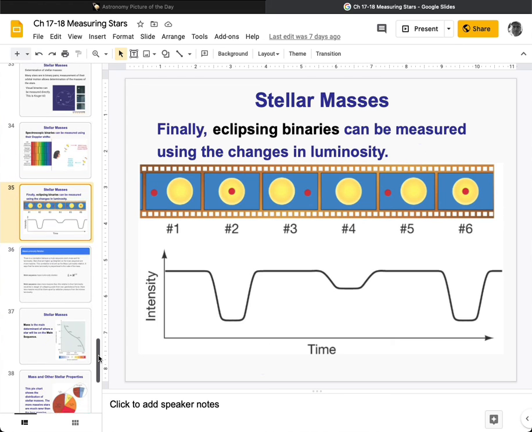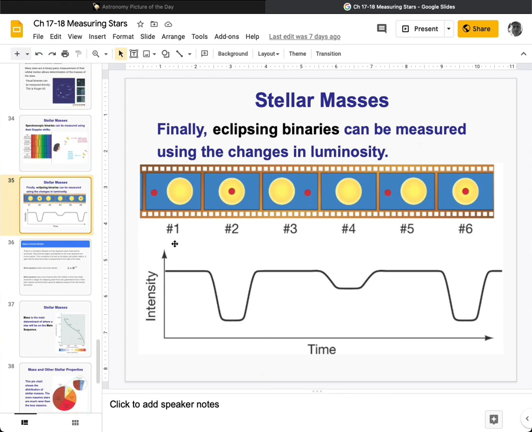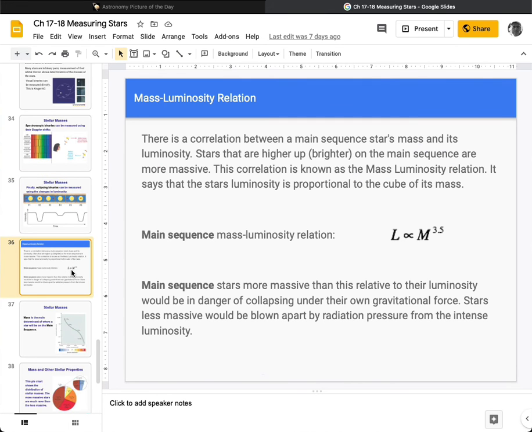So if that sort of technique won't work, if you can't figure out whether or not it's a binary star and get really good information about it, then you're stuck estimating. And this is known as the mass luminosity relation. There is a strong correlation between the luminosity of a star, we're not talking about binaries necessarily now, but a single star, and its mass.